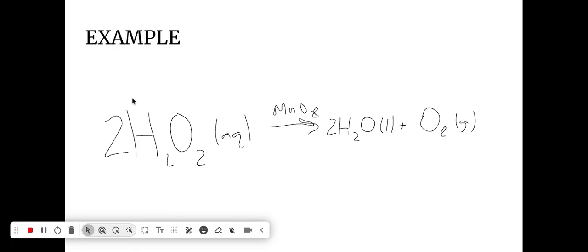What the catalyst does is insert itself, so you might end up at one step with, say, oxygen, or hydrogen and manganese together in kind of weird combinations.